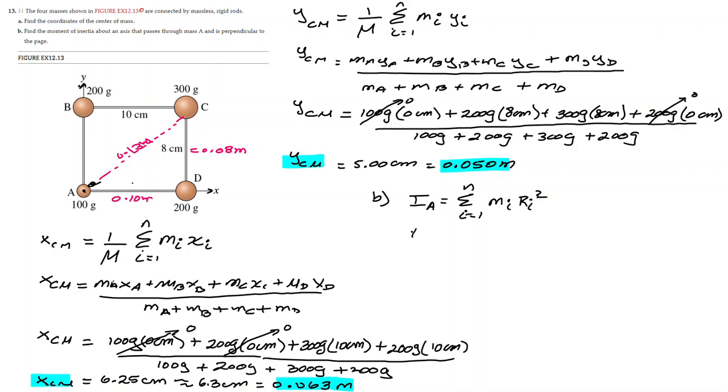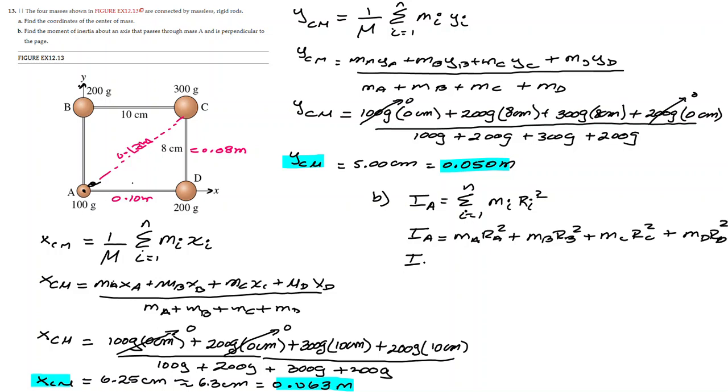So we can say that this moment of inertia with respect to point A is going to be equal to, well, we have first mass A times r sub A square plus mass B times r sub B square plus mass C times r sub C square plus mass D times r sub D square, right?